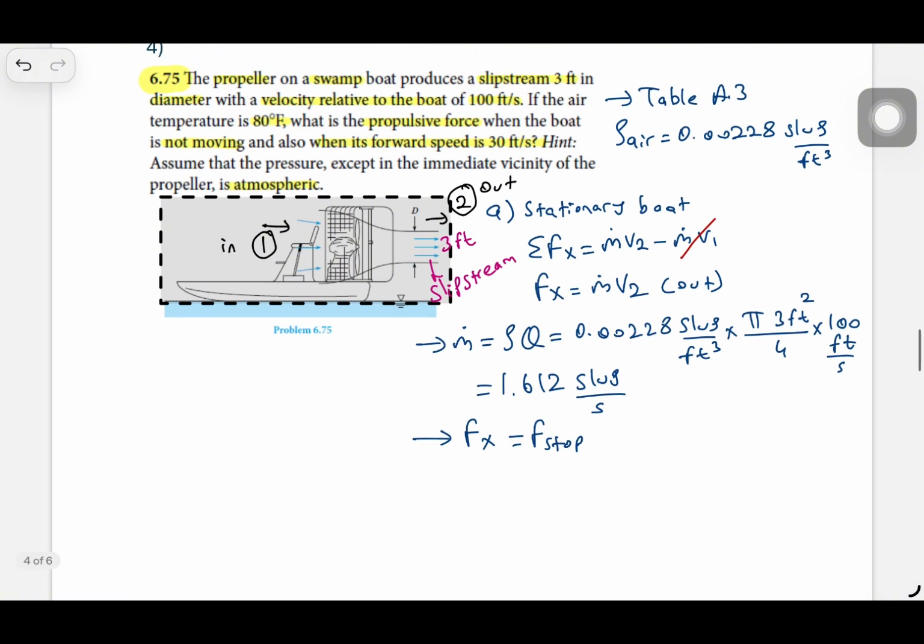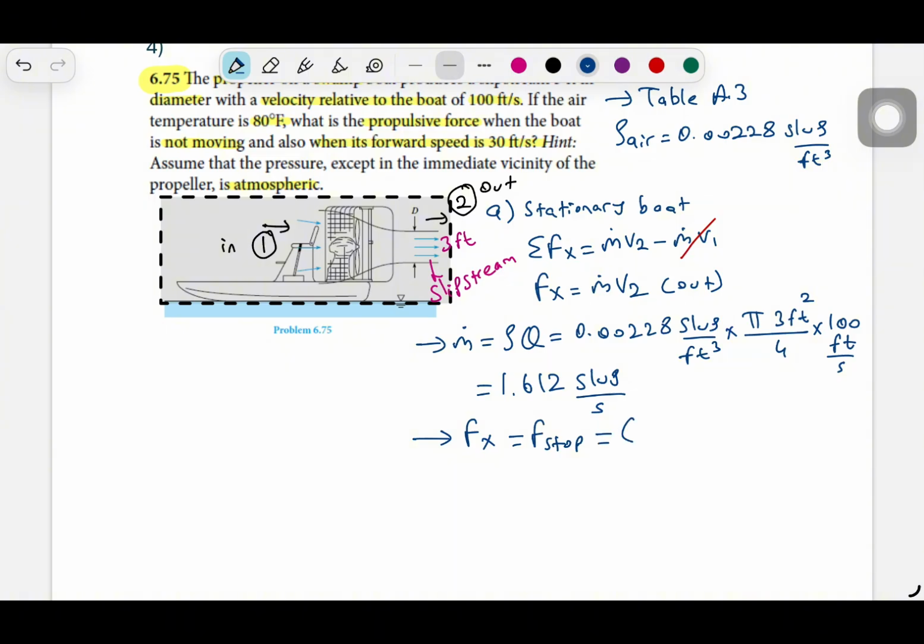Since the velocity relative to the boat is given as 100 feet per second in this propeller, we will still have 100 feet per second velocity. Even if it is moving, we will have that 100 feet per second, and right now it is not moving, so we will still have that value. You can think of this as a velocity coming from air. And that's why we calculate the mass flow rate using this velocity.